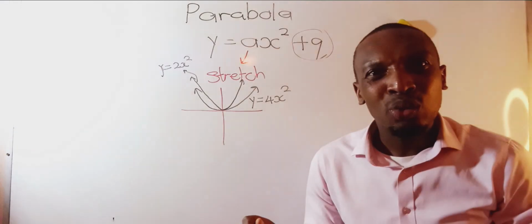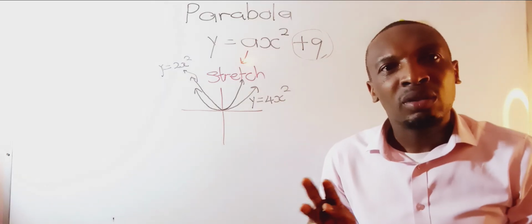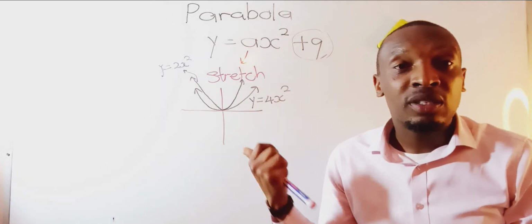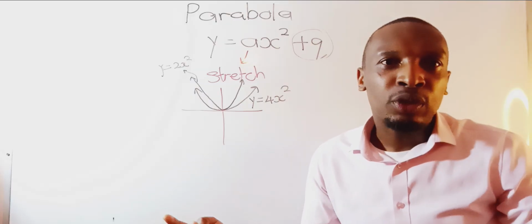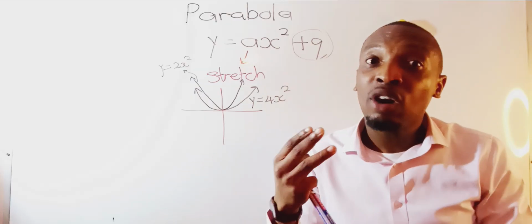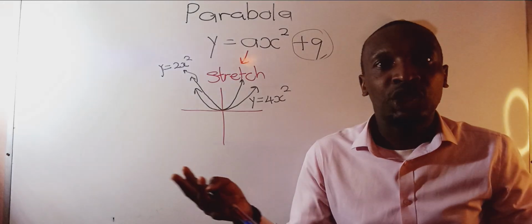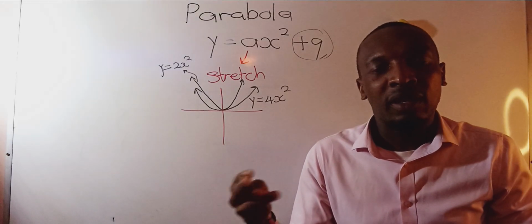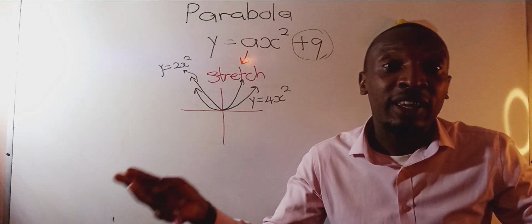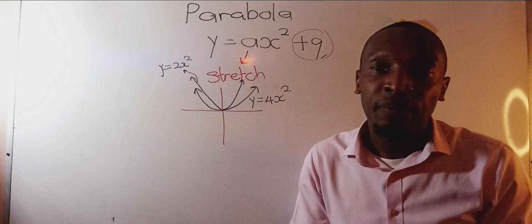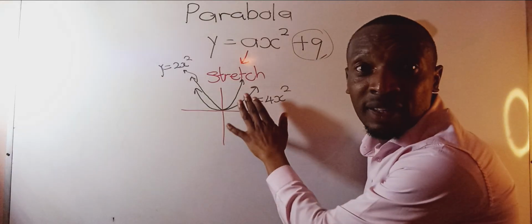It's not too important. I haven't seen questions where they ask you what the a means, but it's good for you to know so that you can compare your answers and check if your answer is right based on the size of a in comparison to another graph.